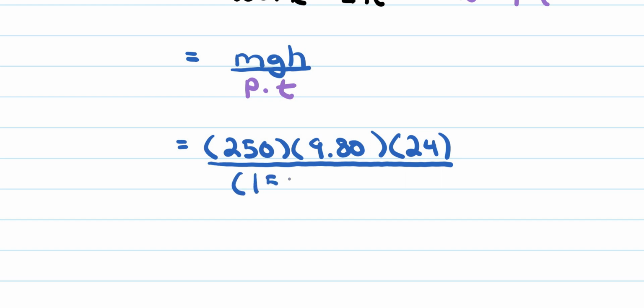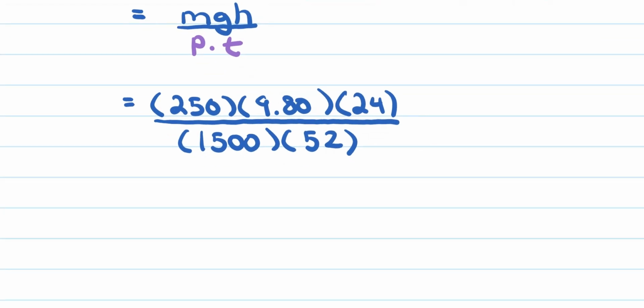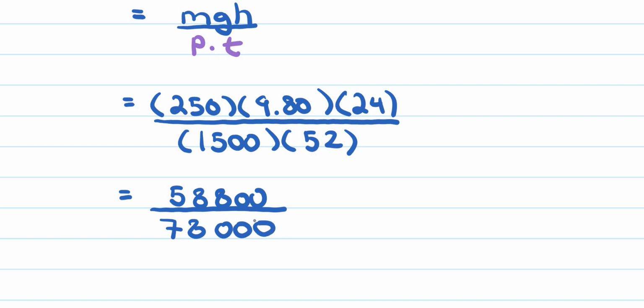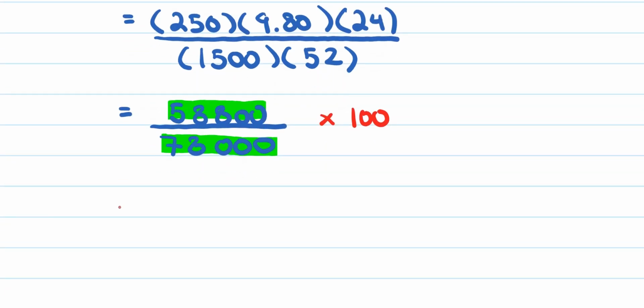Once we multiply the numerator out, I get 58800, and we divide that by the denominator, which is 78 and then 3 zeros. I want to mention that for these efficiency problems, the denominator should always be bigger than the numerator. Once we have established that, we can multiply this by 100 to get a percentage, and the efficiency for this particular problem is 75%. So the motor is 75% efficient.